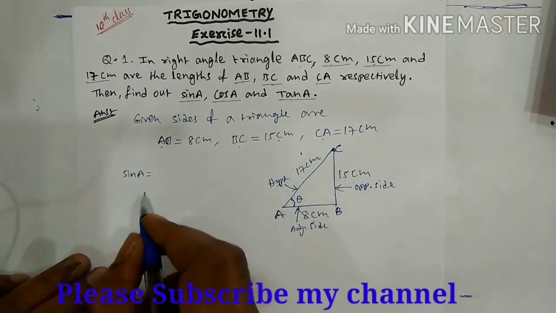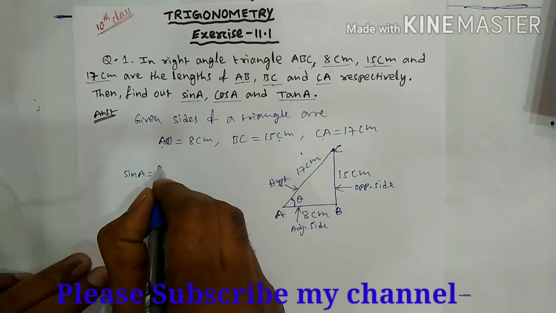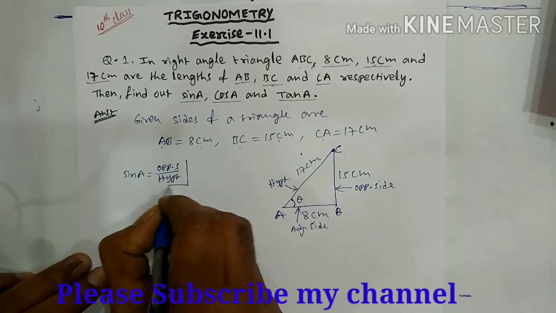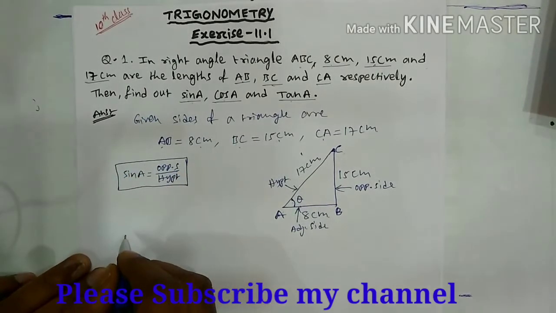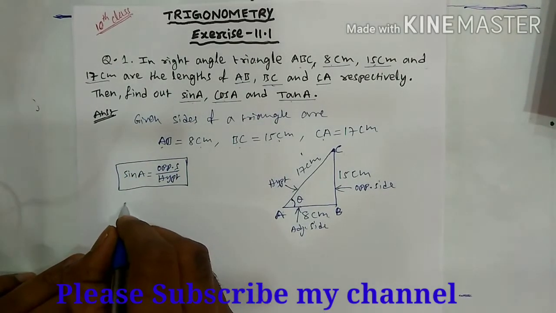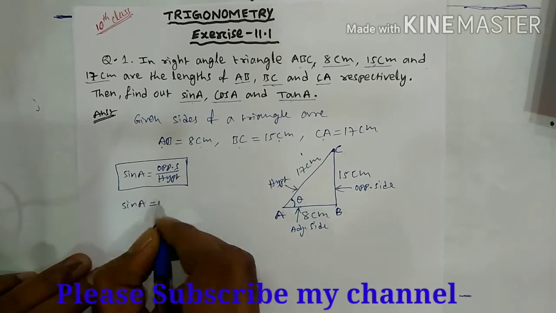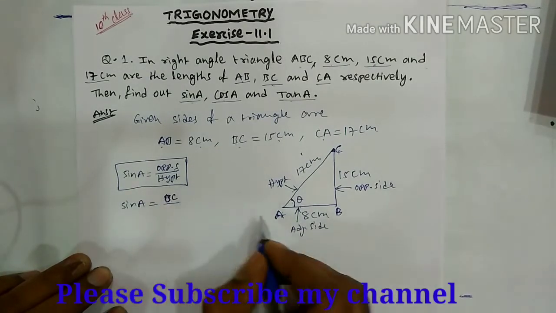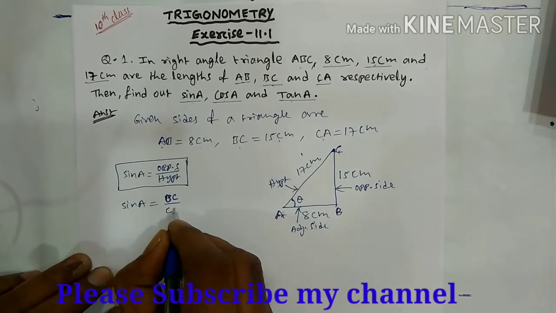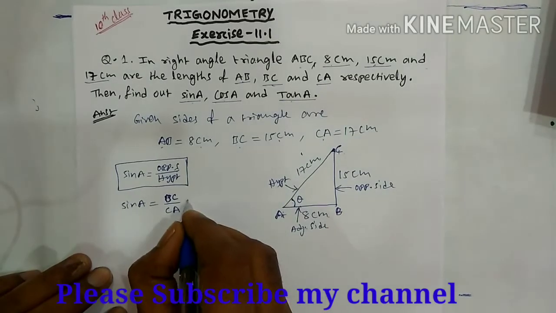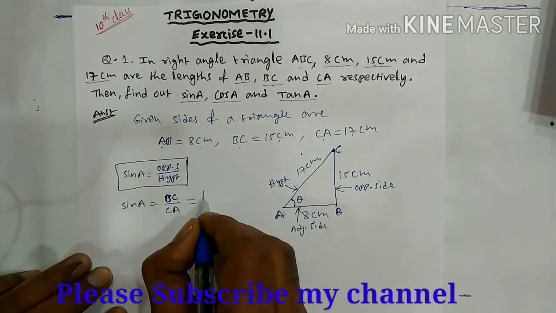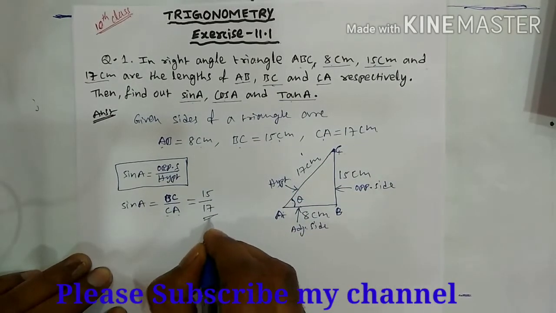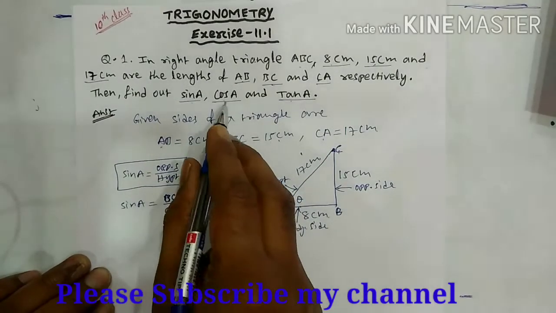So sin A is equal to the opposite side BC by the hypotenuse AC, or CA. The value of BC is given as 15 and CA is given as 17. This is the answer.